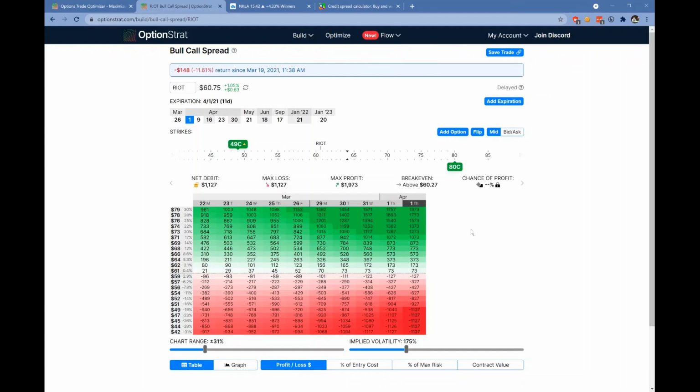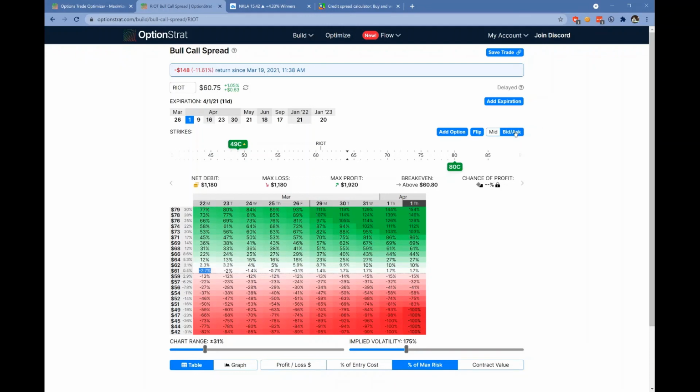So if you click mid, you're going to start off with 0% returns because it's theoretical. But if you click bid ask, you're going to start off with negative returns because whenever you make a real trade, you always are going to lose money on the bid ask spread. So if you go here, you can see that you're going to lose 2.7% just by saving this trade or by purchasing it on the broker.